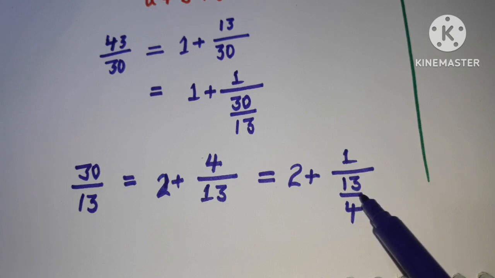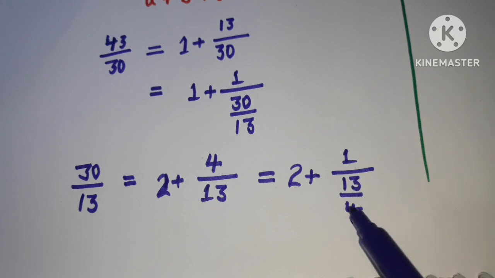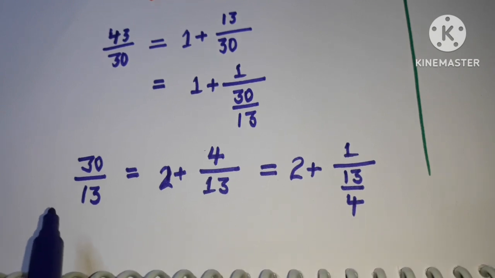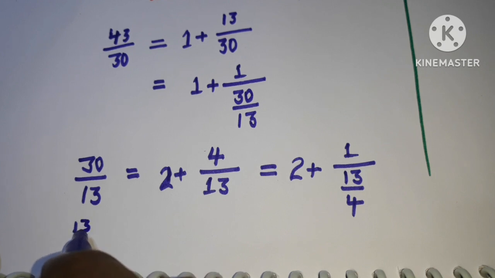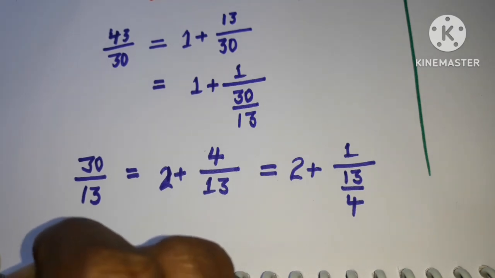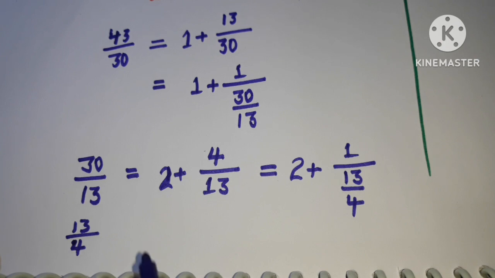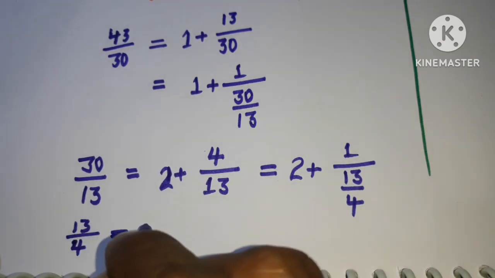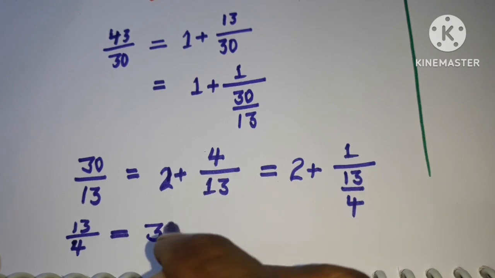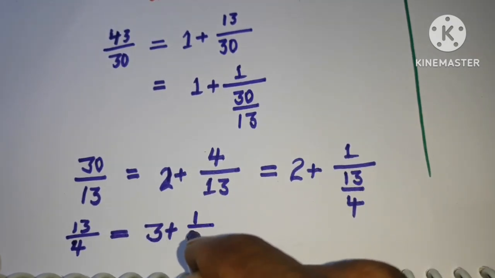So we need to separate the natural number and rational number from here as well. We have 13 divided by 4, and it comes to 3 plus 1 upon 4.